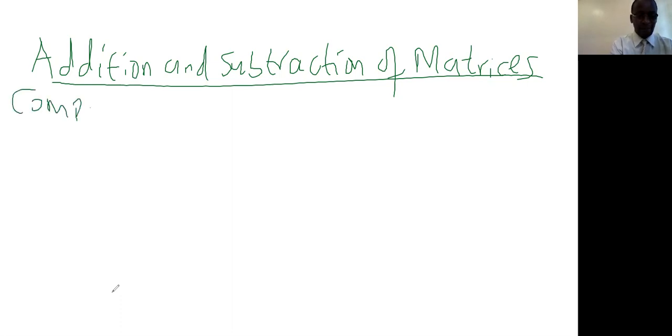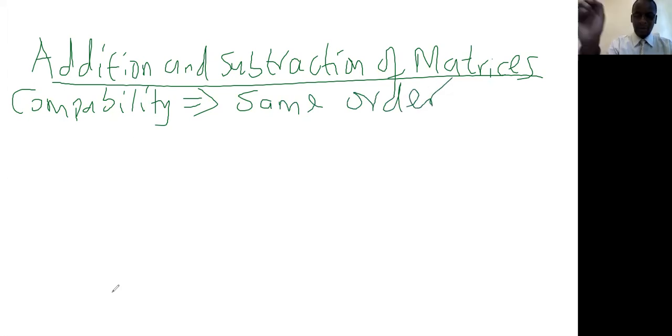Matrices can be added or subtracted if they are of the same order. If you have two matrices of the same order, then such matrices can be added or subtracted. Otherwise, they will not be compatible.